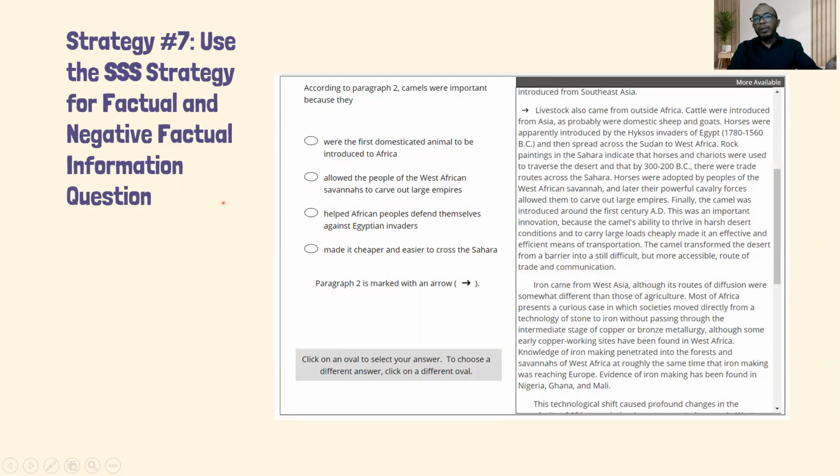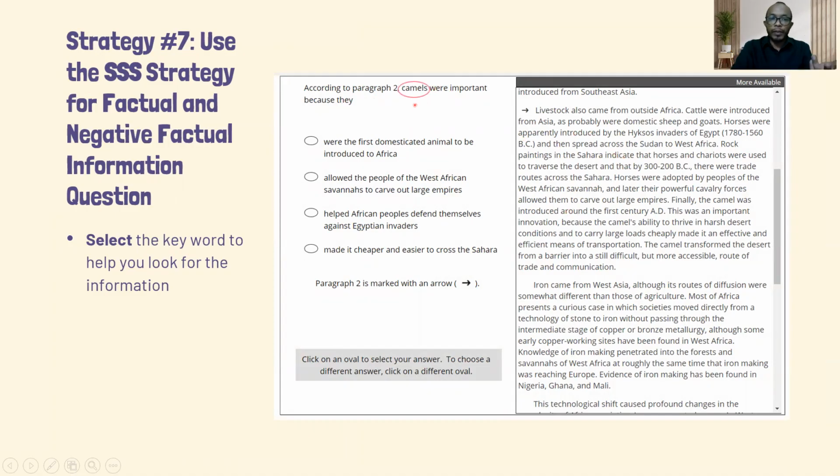So what does this triple S strategy mean? Well, the first S will be selecting a keyword. So you need to select the keyword from the question to help you look for the information in the passage. Example, the keyword will be camel for this question.